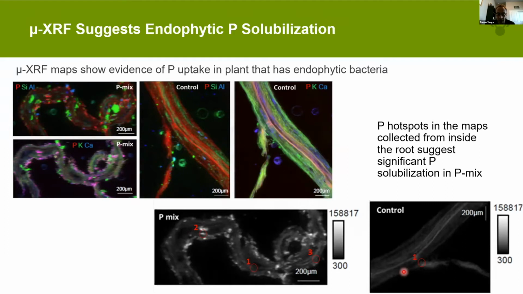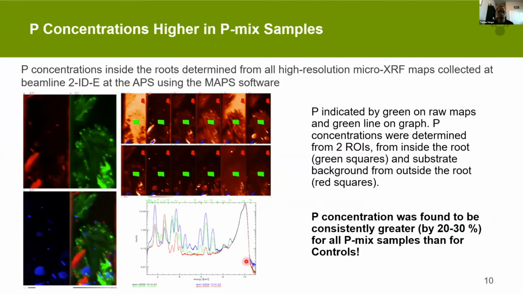So there was a clear difference, and this suggested that in addition to the phosphate, which we probably see from the Hoagland solution that was added to both samples, the nutrient mix containing ammonium phosphate, we have additional phosphorus coming possibly from the solubilization. So we wanted to look at those.